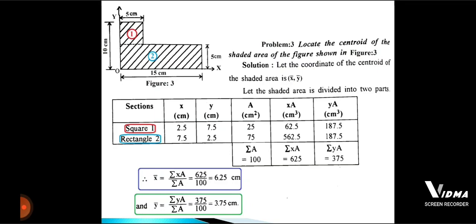Now from this summation, x bar is the summation of XA by the summation of A, that is finally 6.25 centimeter, and y bar equals the summation of YA by the summation of A, that is 3.75 centimeter. So in this case x bar and y bar both will be present, because this is not a symmetry figure, this is an unsymmetrical figure.